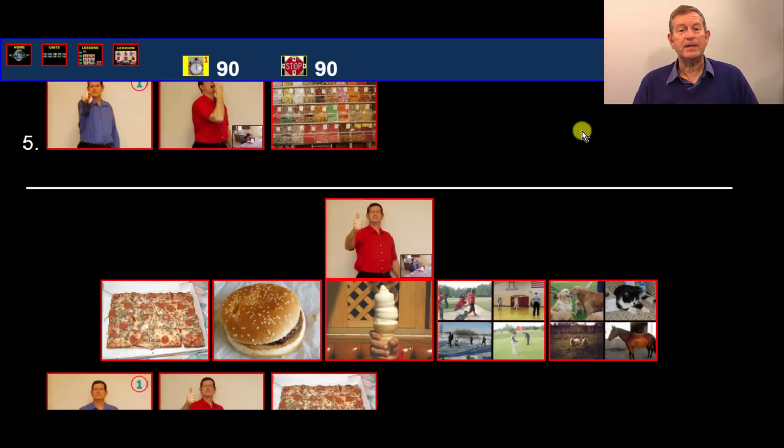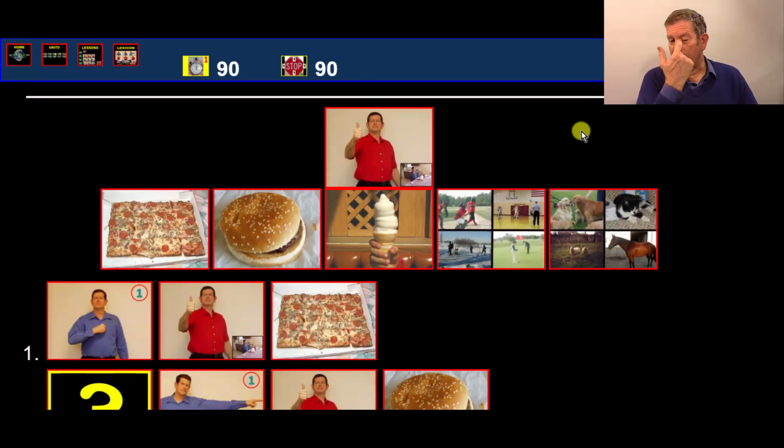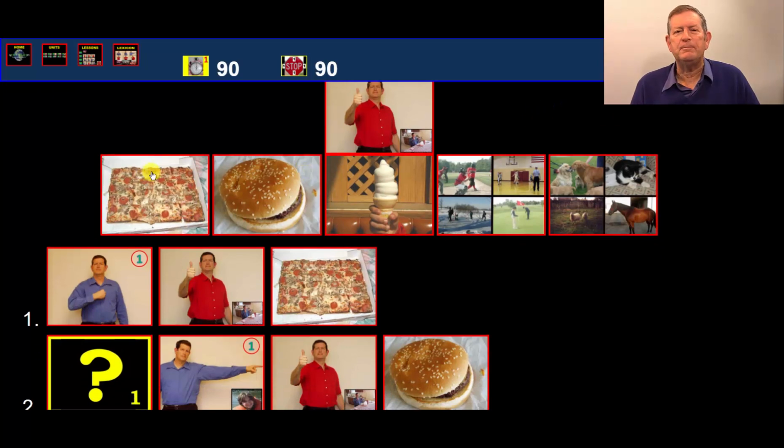Okay, next one. This is the verb like. And here are things that we can like. Some to eat, some to enjoy. For example, here we have pizza. Probably in your language it's the same word. Pizza. Hamburger. Ice cream.